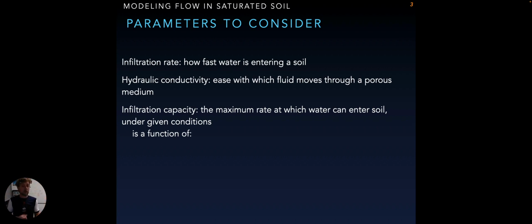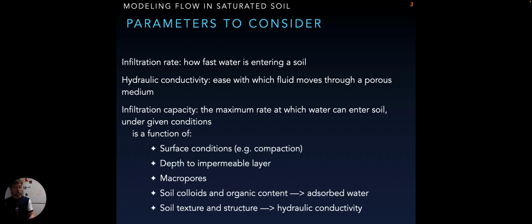That will depend on a couple of conditions: the surface itself, whether we have an impermeable layer and at what depth we observe it, whether we have macropores, meaning big spaces between the grains, and whether we have organic matter that tends to absorb more water than the soil particles themselves. Organic matter has polarity with water, so it sticks more water to it.